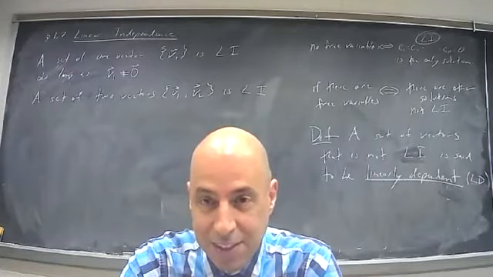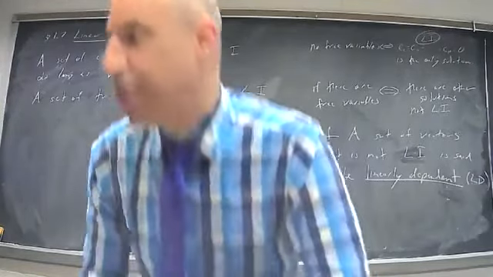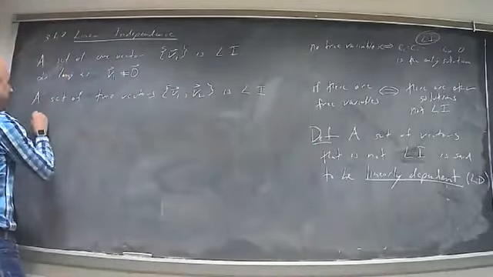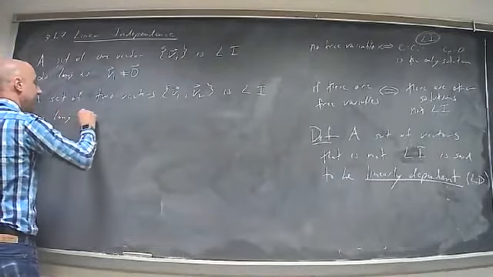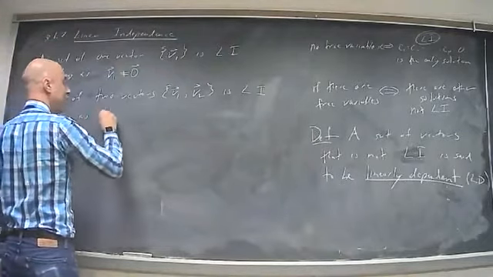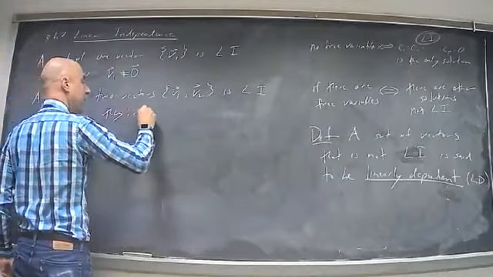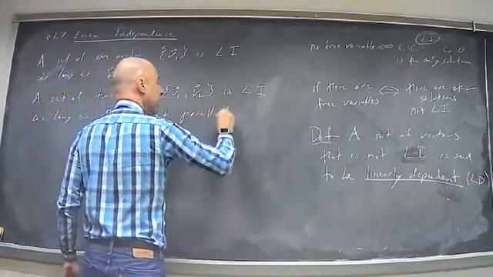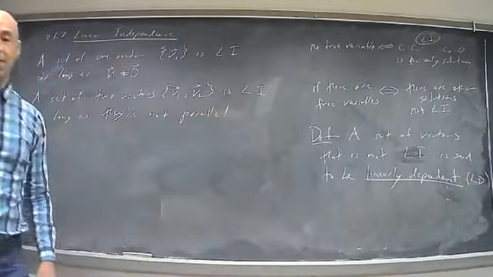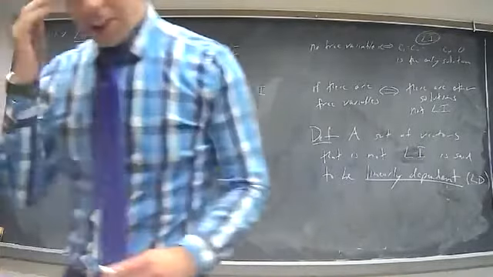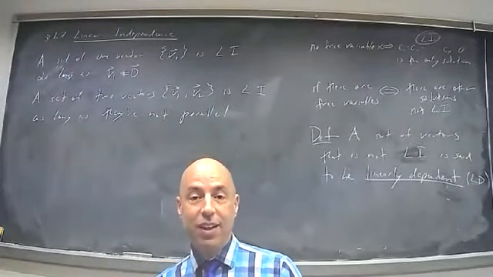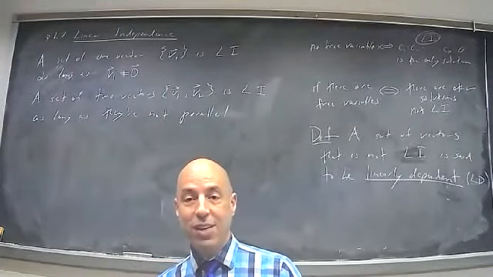Does that make sense? So a set of two vectors is linearly independent as long as they're not parallel. If they're parallel, you can always take a multiple of one to make the second one, and then add -1 times the second one.